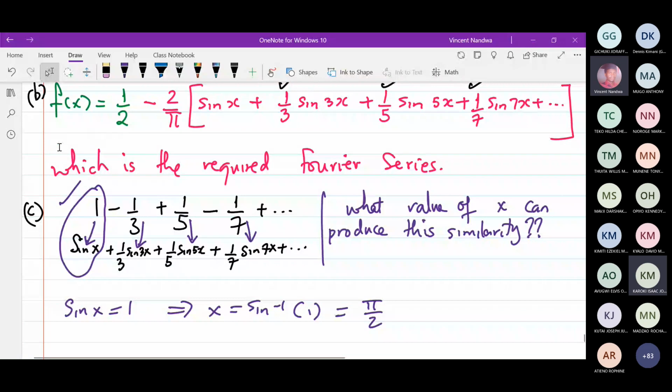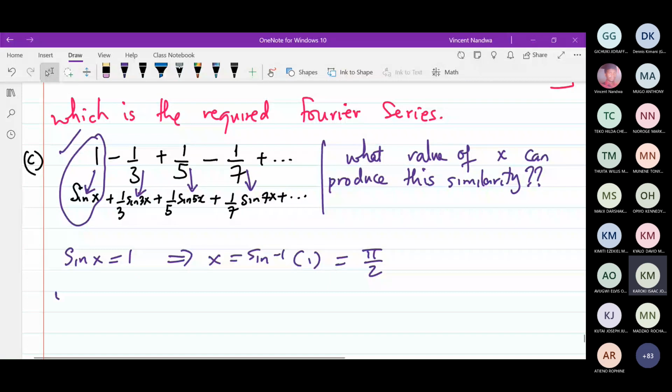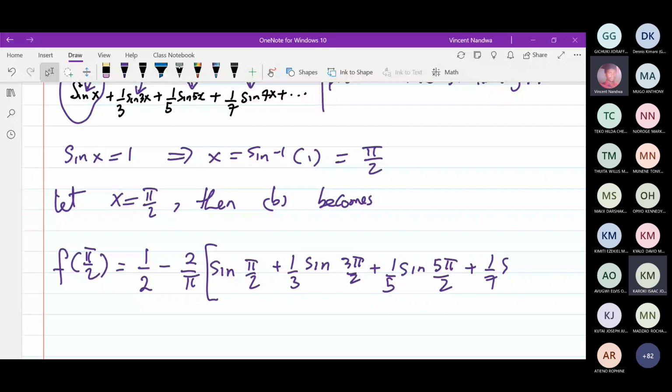Then B becomes a half minus 2 over pi into sine of pi over 2 plus a third sine of 3 pi over 2 plus a fifth sine of 5 pi over 2 plus a seventh sine of 7 pi over 2.